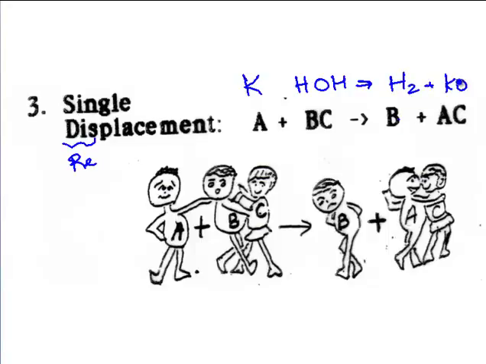And the KOH is together. Okay? You have a single element to begin with and you have a single element to end with, but they're two different elements. A sneaks in here while this lovely BC couple is dancing, and A goes off with C and leaves poor B behind. Okay? So, single elements, different single elements at the end. Okay? And you have to look at your activity series to make sure it's going to work.